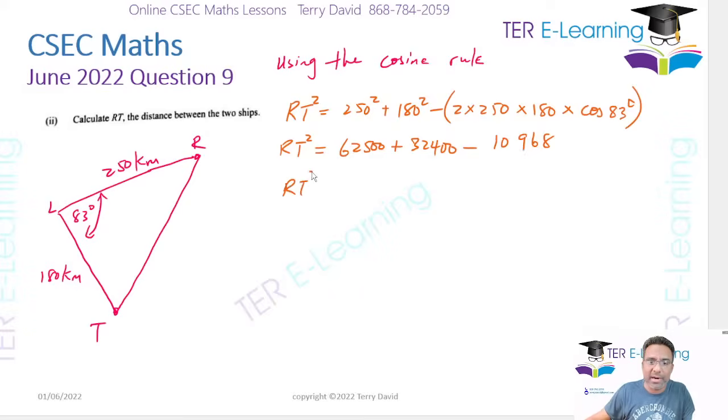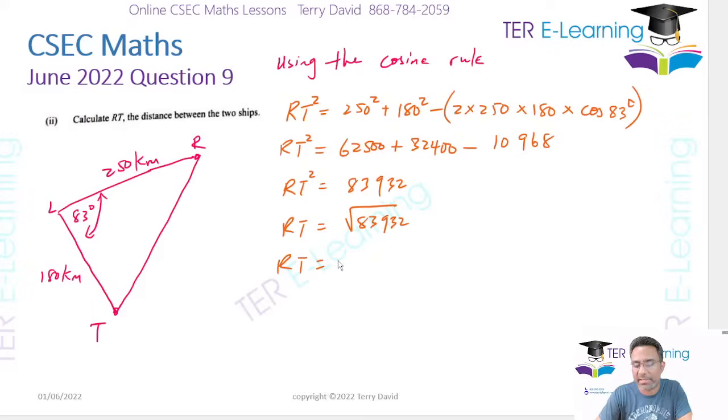So therefore RT squared is going to be equal to 62,500 plus 32,400 minus 10,968, and I'm going to get 83932. So RT is equal to the square root of 83932. Rounding this off to the nearest kilometer, I'm getting about 290 kilometers. Right?